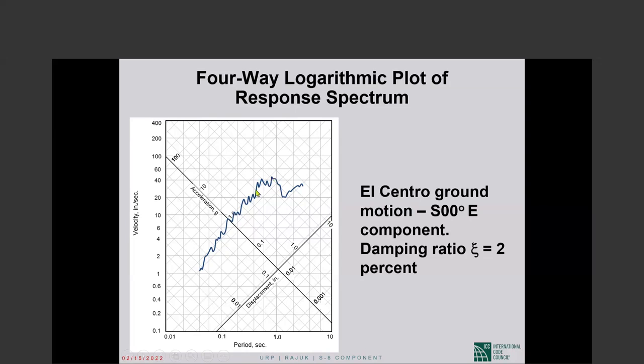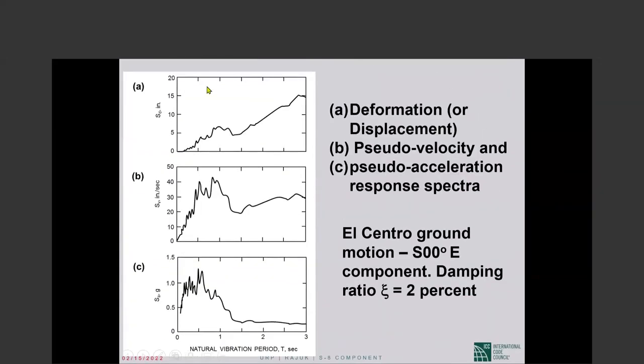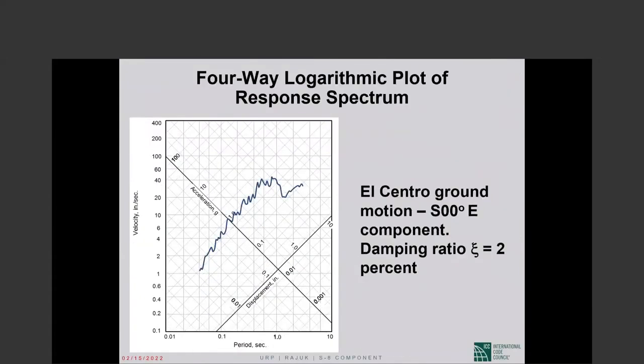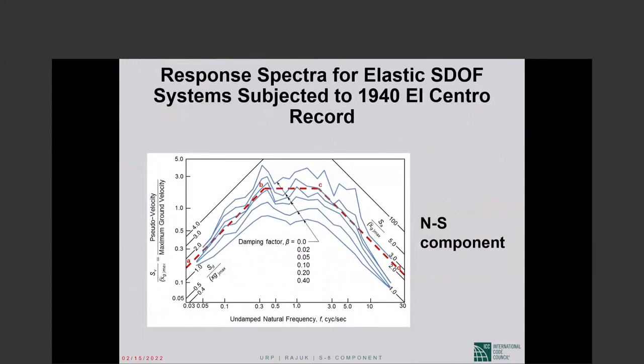And if we drop a perpendicular to the other diagonal scale, we can read the spectral acceleration. So this one plot gives us all the information that we could obtain from the three different plots. Okay, this tripartite plot turned out to be quite important in the development of things even in building codes.